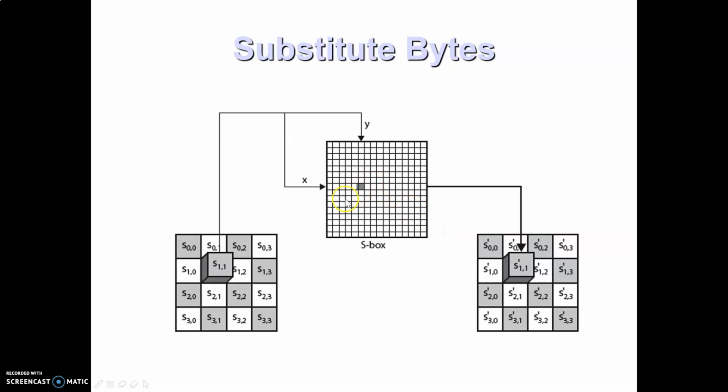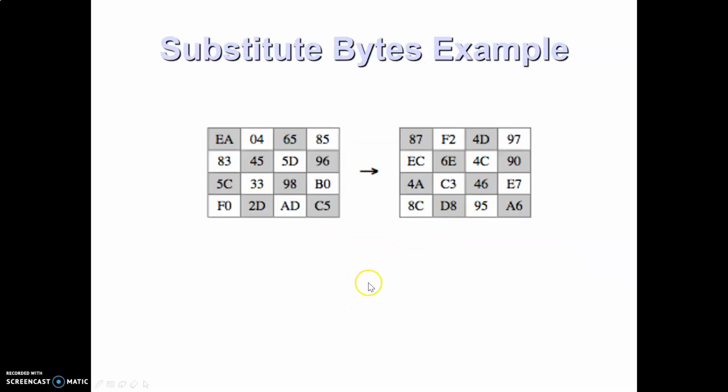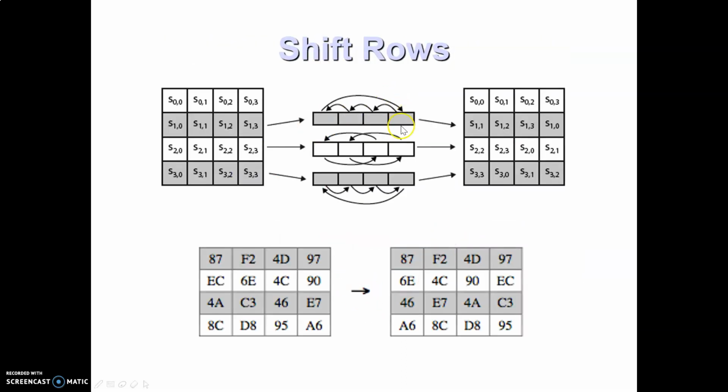As an example, we have already seen this is the substitution byte stage where we have to substitute each entry here with the corresponding x and y values from this lookup table. For shifting rows, remember that the first row is not shifted, the second row is shifted once, the third row is left shifted twice, and the last row is left shifted thrice.